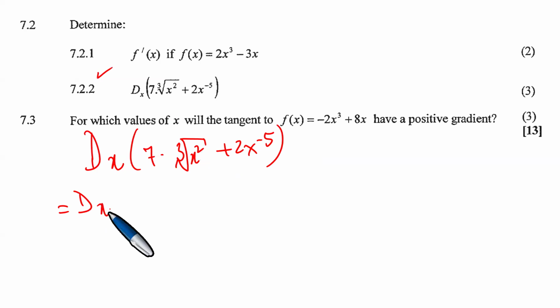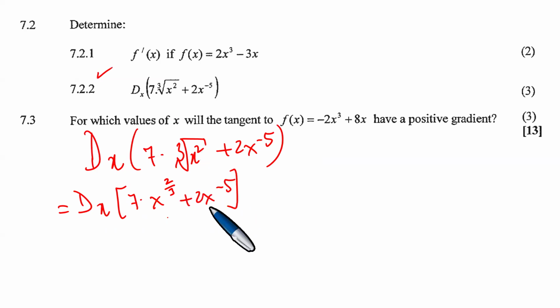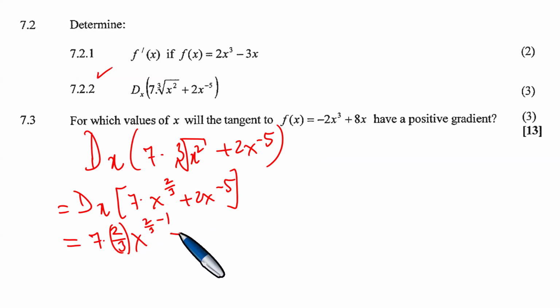This equals the capital Dx notation of x to the power 2/3 plus 2x to the minus 5, which is 2 over 3 x to the power 2/3 minus 1 plus 2 times minus 5x to the minus 6.